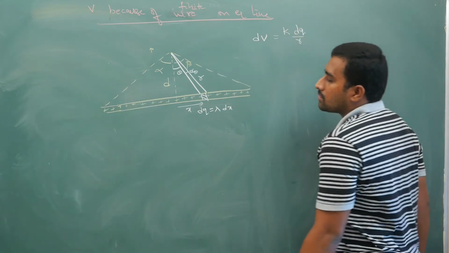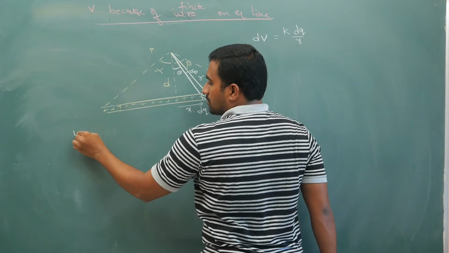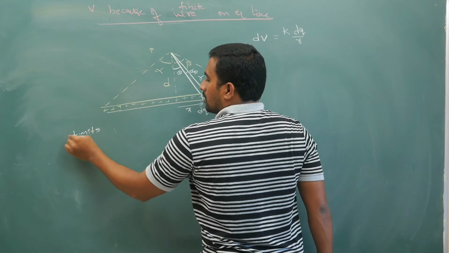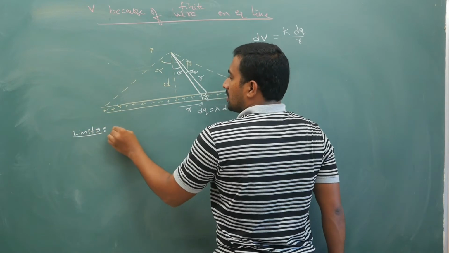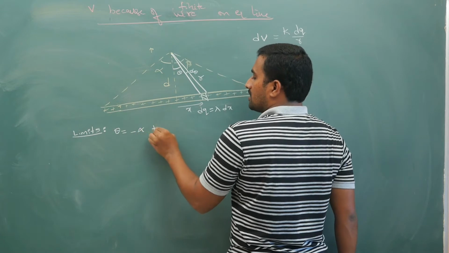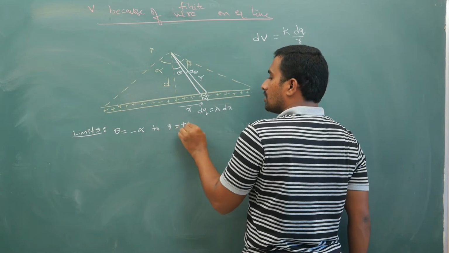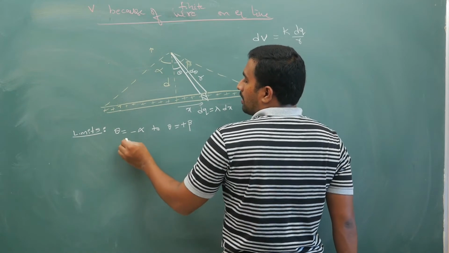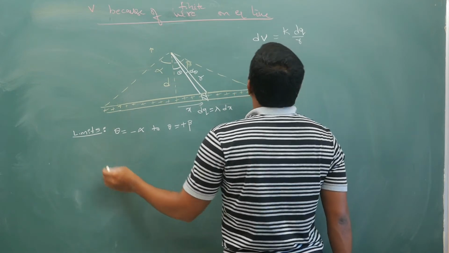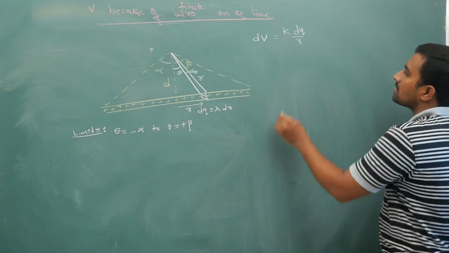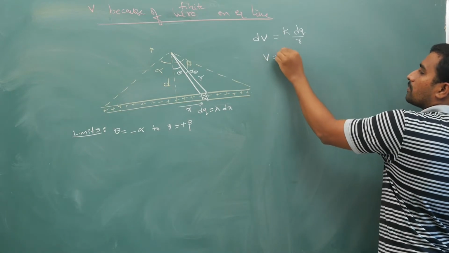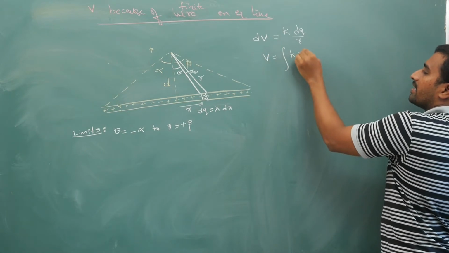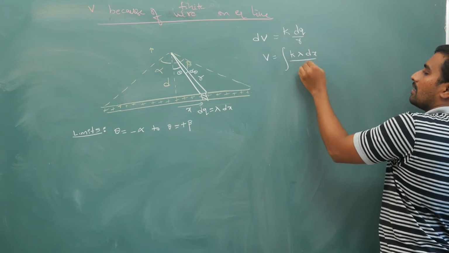Here also your limits are from theta equal to minus alpha to theta equal to plus beta, and your dq is lambda times dx. Your total potential is integral of k lambda dx by r.